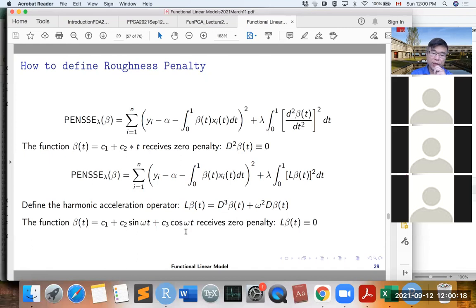Then the sine and cosine functions will receive 0 penalty, because they are very smooth. So when we estimate a beta t for periodic functions, we use the harmonic acceleration operator.